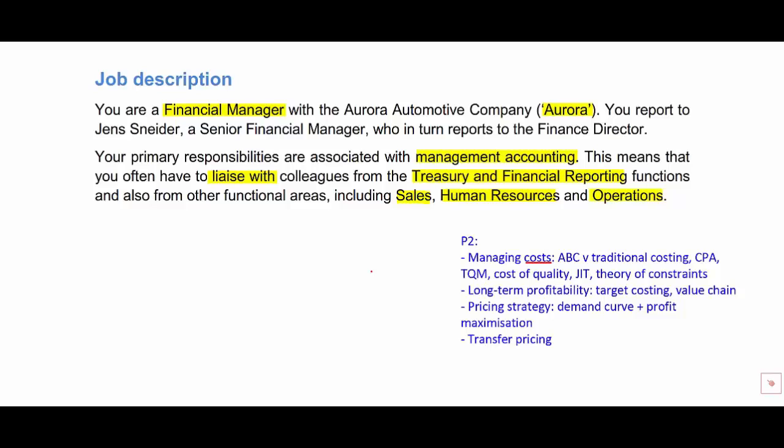The way that they're assigning their overhead costs is perhaps questionable, and there may be too high a proportion of those overhead costs being assigned to certain models, and this gives the impression they're less profitable than they actually are. So target costing could be an approach here where you are fixated on achieving a certain profit margin, and you have your selling price, so that gives you your target cost to aim at. It could be an approach worth looking at for Aurora.